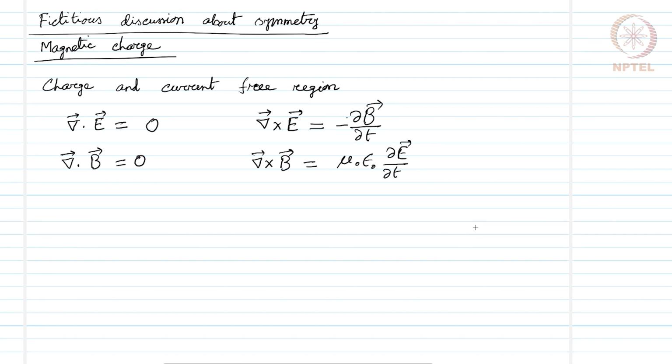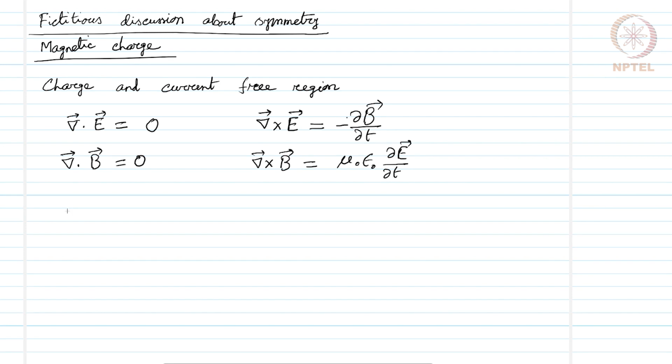Now, you can see a symmetry in this. The divergence of electric field is 0, the divergence of magnetic field is also 0, the curl of an electric field involves the time derivative of the magnetic field, and the curl of the magnetic field involves the time derivative of the electric field.